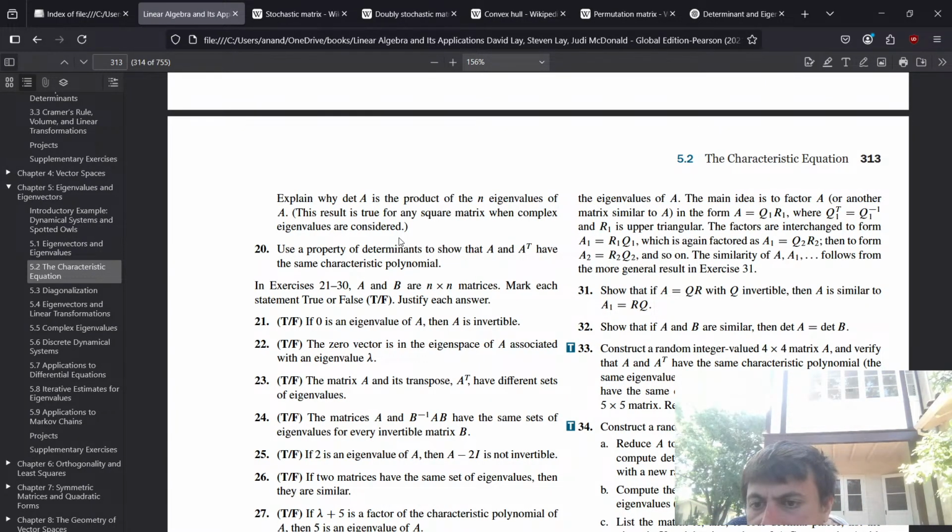Okay, if A is equal to QR, then A is similar to RQ. Therefore, we can write something like P inverse QRP is equal to RQ, but I don't know how to show it.